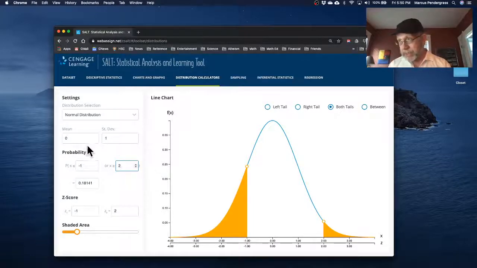Notice right here that SALT is actually using that same notation we just talked about. It's hard to see, it's in gray here, but it reads the proportion of x values that are less than or equal to -1, or greater than or equal to 2.